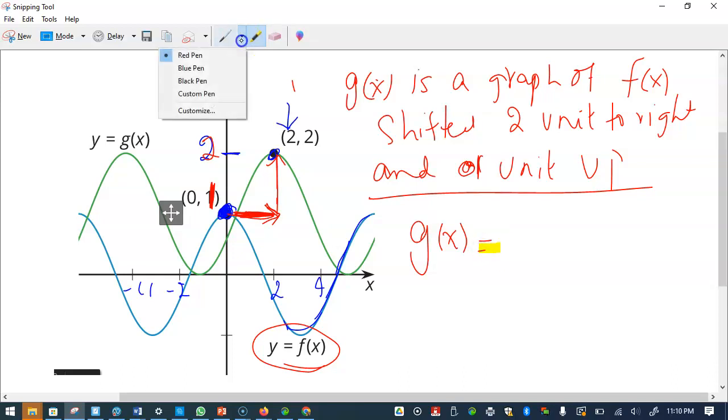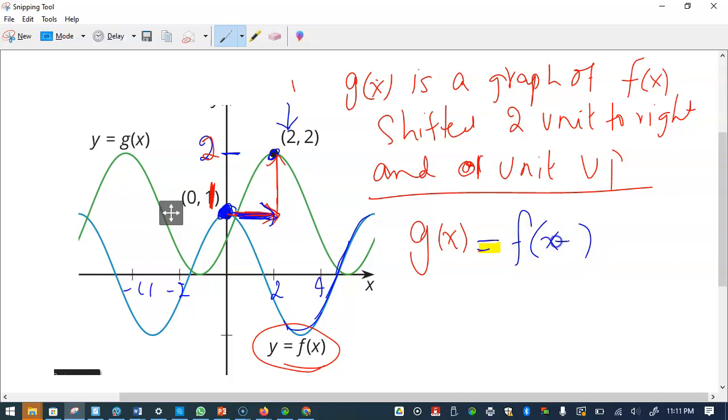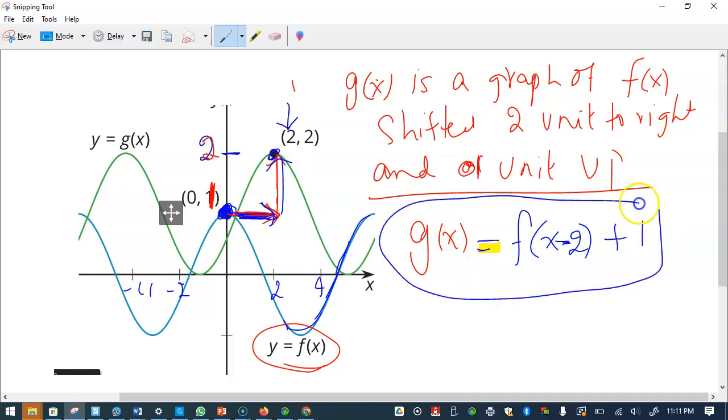So you can write first the horizontal shift because it moves to the right. Remember, moving to the right, we are going to write f of, in the parenthesis, x minus 2. So it moves to the right. So you just do the opposite there, see? And because it went up here, you add plus 1 and see, nice relation.